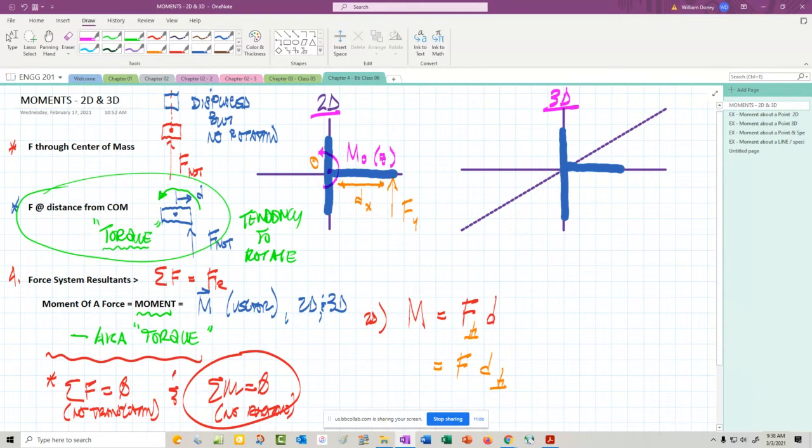If the F and the D are in the XY plane, which they are, then that would be a rotation about the Z axis. And that would be our two-dimensional case. And I could put forces all over the place and just look at rotation, or I could have picked a different point. We're just picking the origin for now. We'll find the moment about essentially the origin.